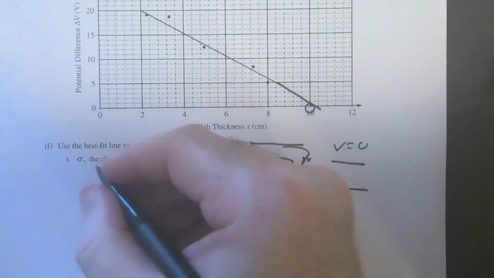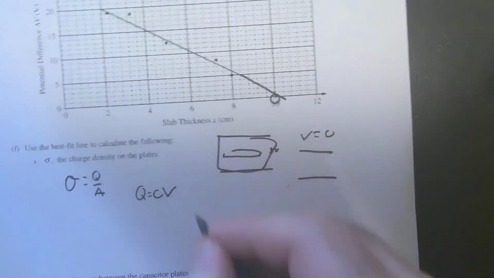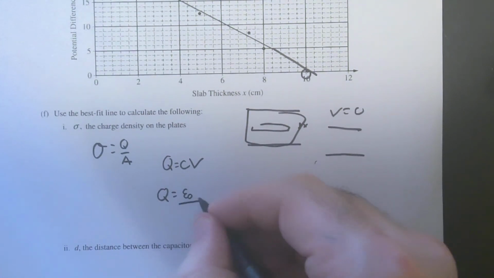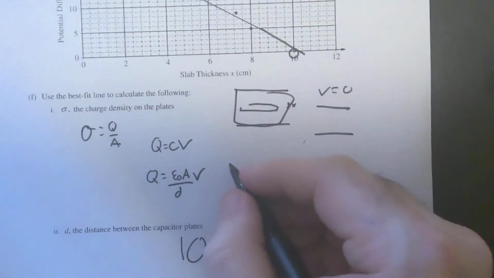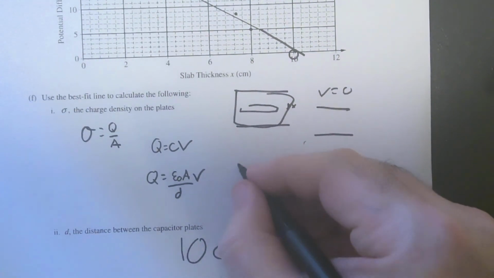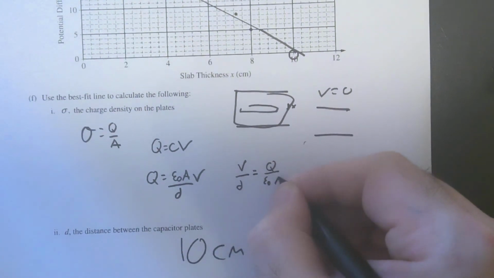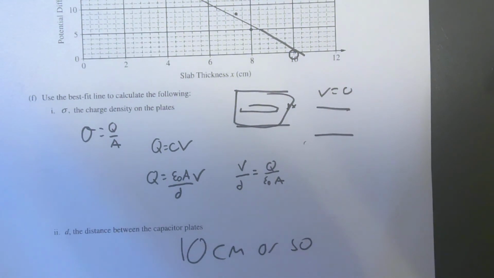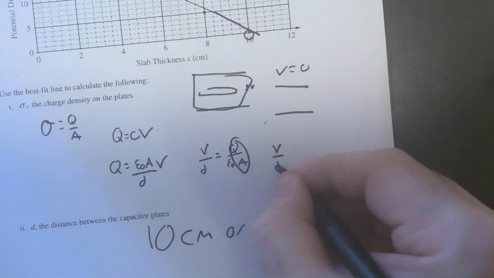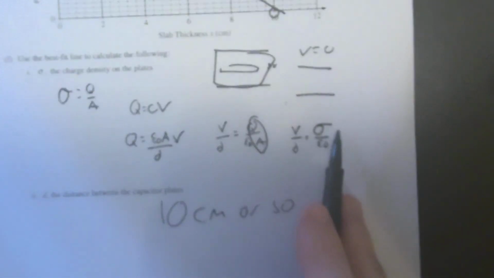Charge density again is Q over A. And since Q equals CV, Q is going to be epsilon naught A over D times V. Solving for V over D, I get Q over epsilon naught A. Sorry, Q over A. I get the original function.